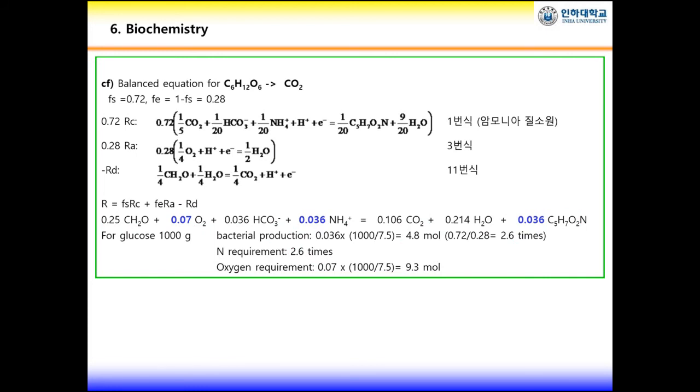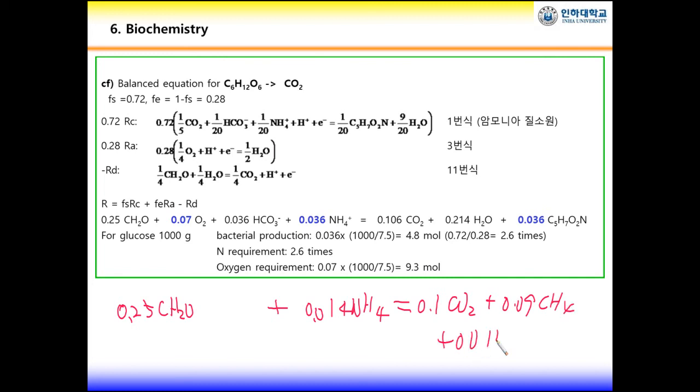In the anaerobic case, 0.25 CH2O plus 0.014 ammonia equals 0.1 CO2 plus 0.09 CH4 plus 0.14. There are some other minor things, but what's important is here.